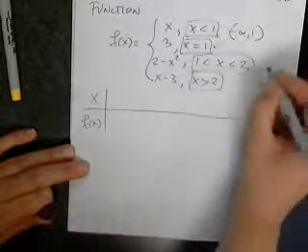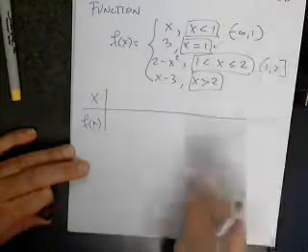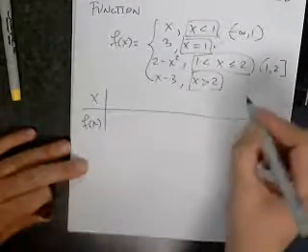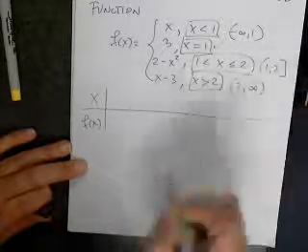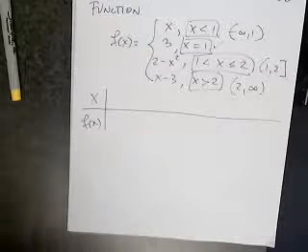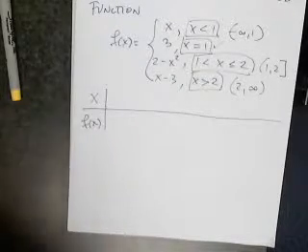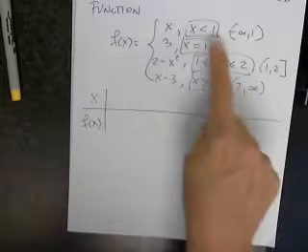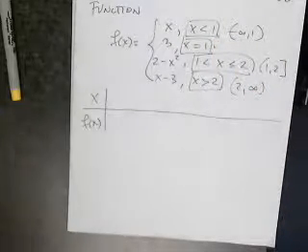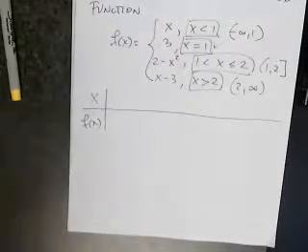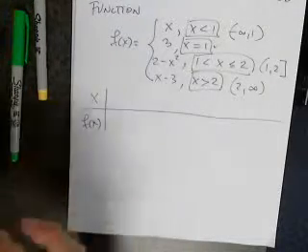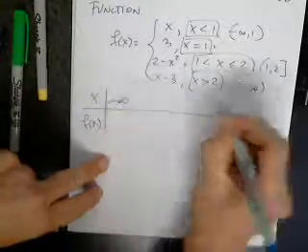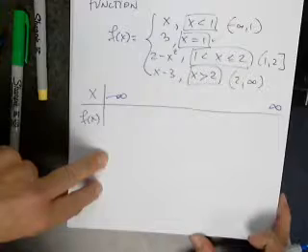This means between 1 and 2. And this means 2 to infinity. So can anyone tell us the domain of this function? Perfect, excellent. So -infinity to infinity, correct.